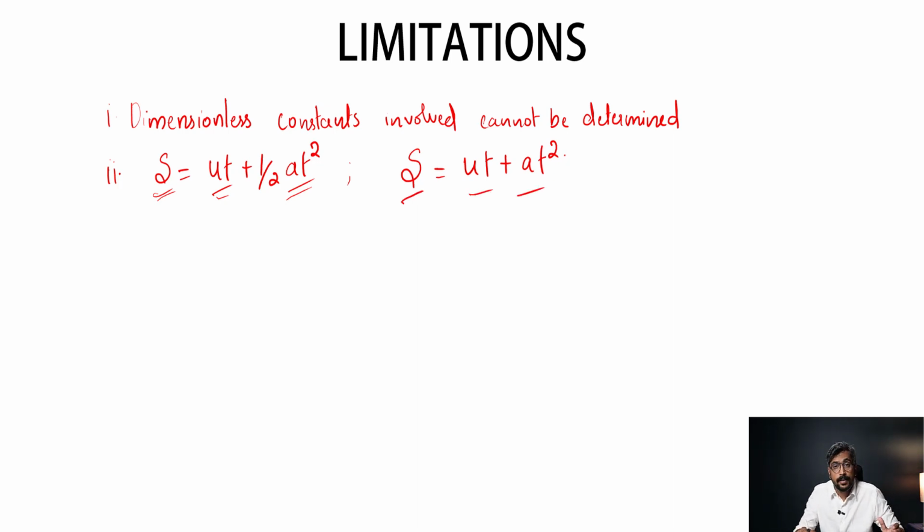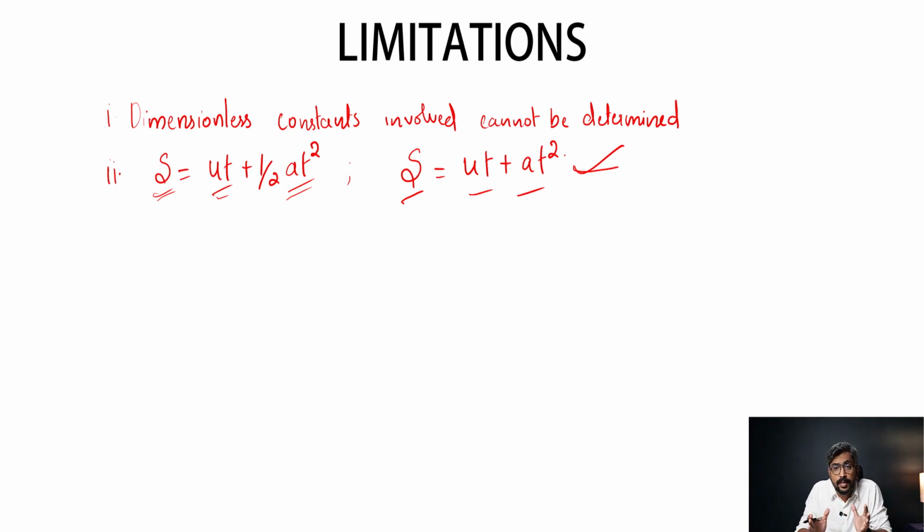It means with dimension analysis this equation will be correct, but in actual form it's not correct. So there are certain limitations. For vague purposes we can use dimension analysis, but it will not always go well in checking the correctness of the equation.